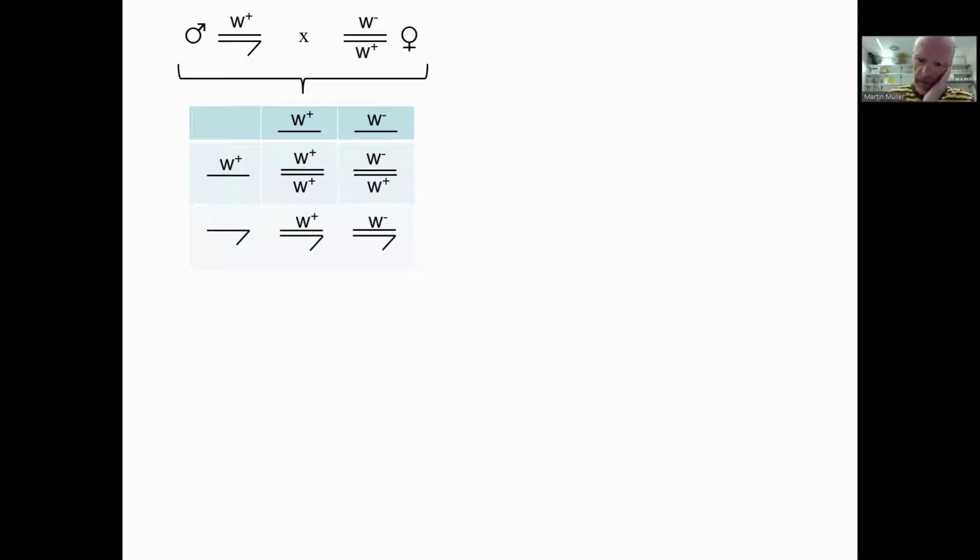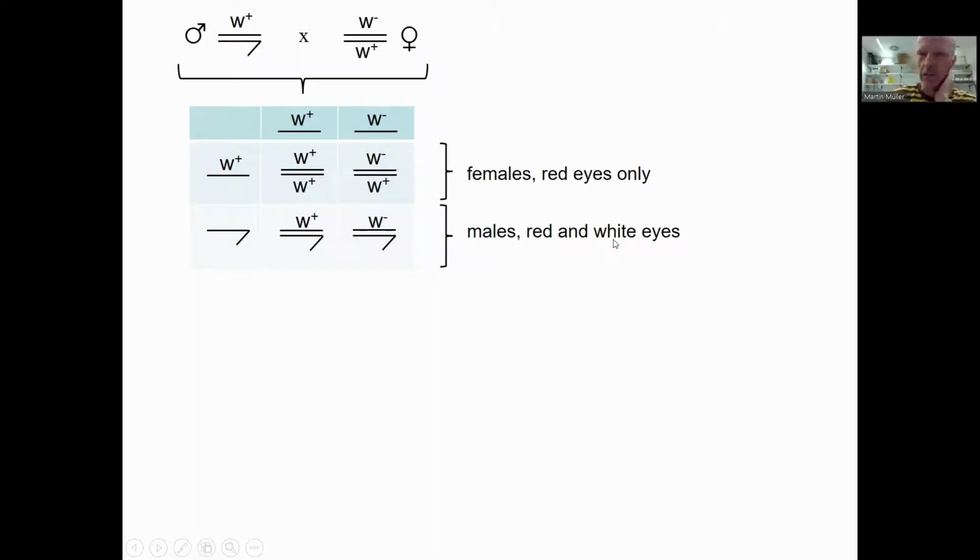So all females have red eyes because the white plus copy is dominant over white minus. Among the males you have two types, some which have red eyes, and some where 50% have red eyes, 50% have white eyes, theoretically.